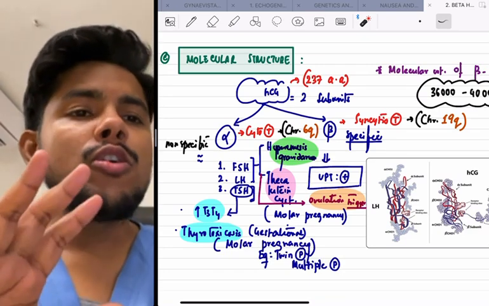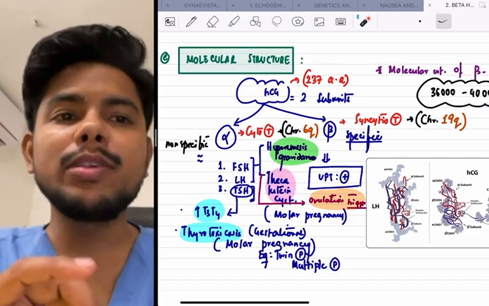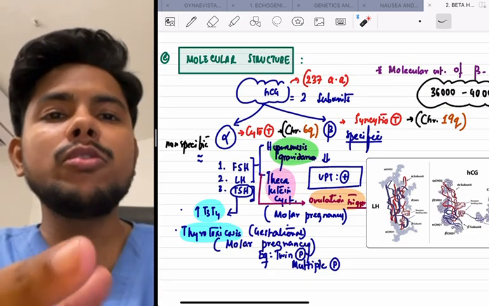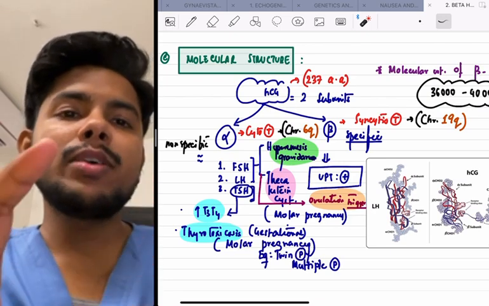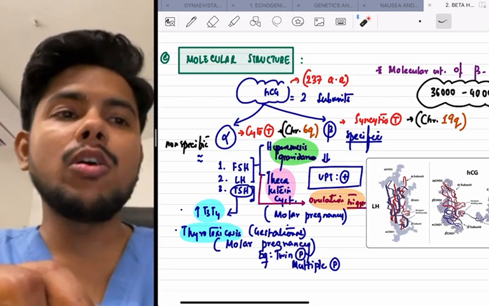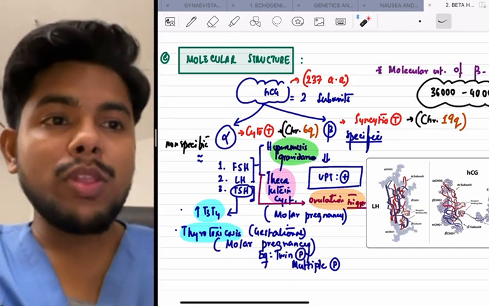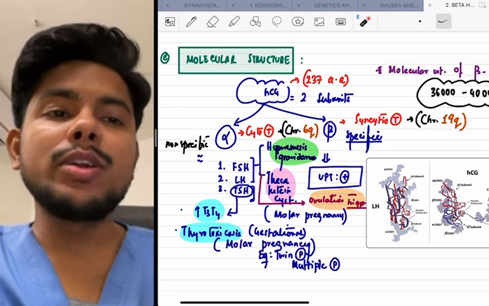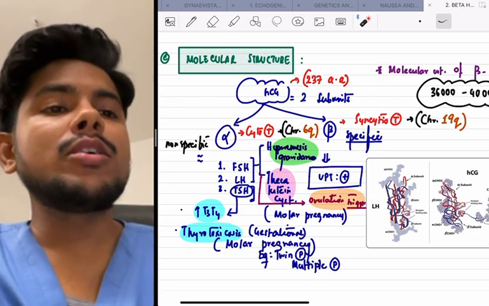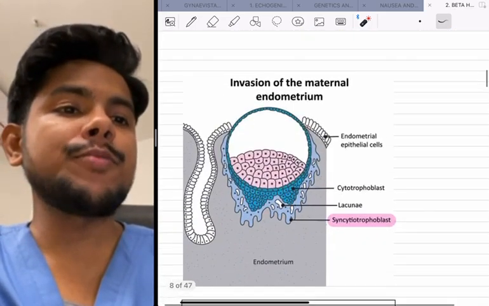Now I first wanted to focus on this, that is your bilateral theca lutein cyst. Now, because the alpha subunit of FSH and LH is the same as that of hCG, it stimulates the ovarian follicles and causes bilateral theca lutein cyst.